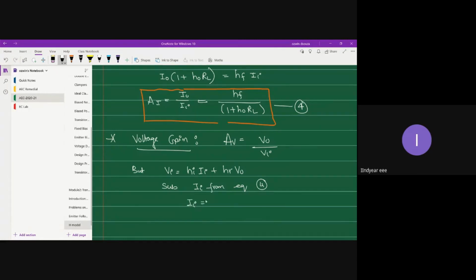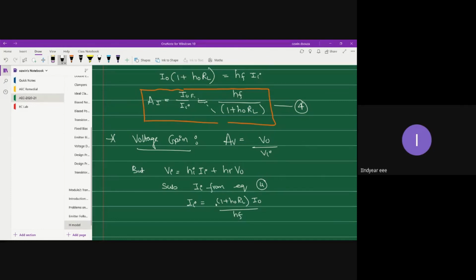Ii is equal to, basically, cross multiplication: Ii is equal to Ho into 1 plus Ho RL, so let me write, it is 1 plus Ho RL into I naught divided by Hf.